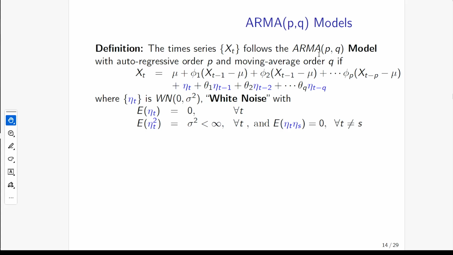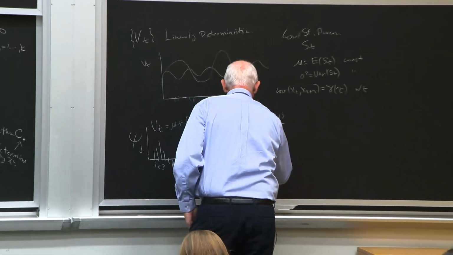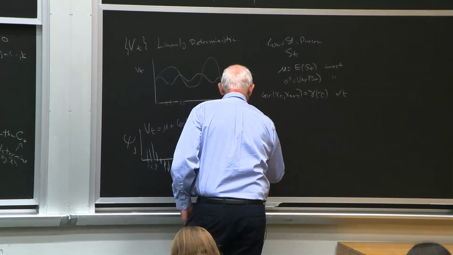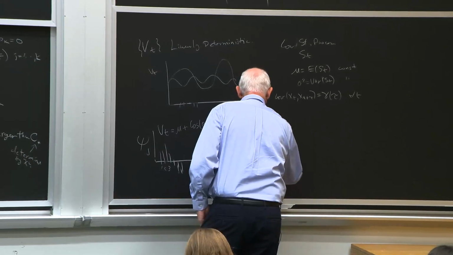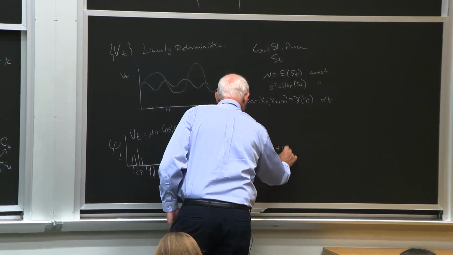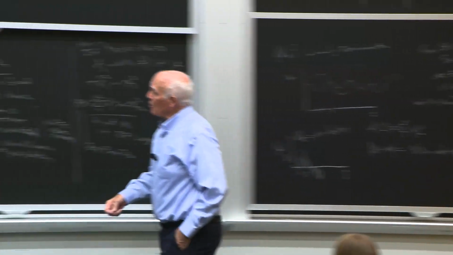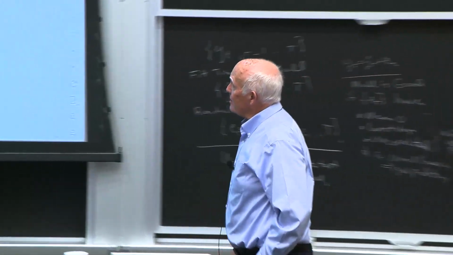So notice in the top row, if we take xt minus mu, this turns out to be equal to phi1 times xt minus 1 minus mu plus phi2 and so forth. So these are lag terms of the mean adjusted x's.